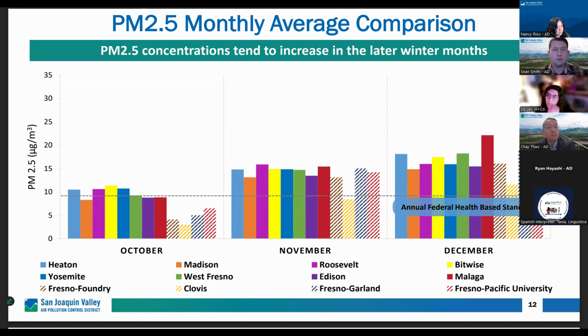You may also notice that starting around late November to mid-December, we had a period of 22 consecutive days where we had dense fog, also known as Tule fog, and it resulted in not only poor air quality but poor visibility. And we have a slide on that coming up that I can show you as well. Next slide, please.